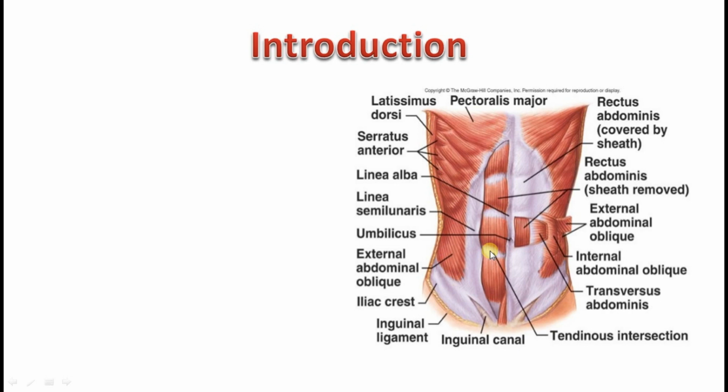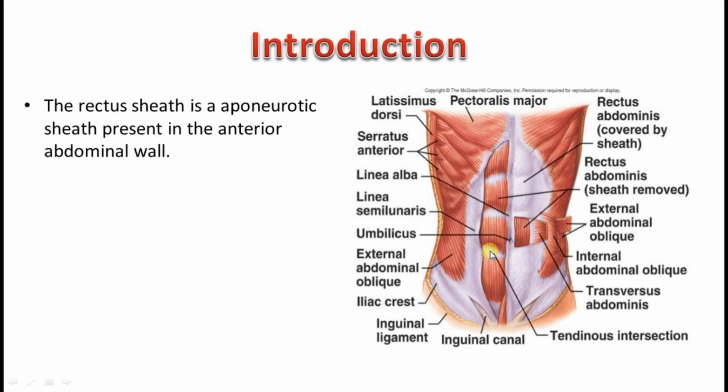Now this sheath is actually not a fascial sheath but an aponeurotic sheath. You know what is an aponeurosis? The aponeurosis is a flattening of the tendon of any muscle. So here also we have seen the three muscles of the anterior abdominal wall, the external oblique, the internal oblique and the transverse abdominis.